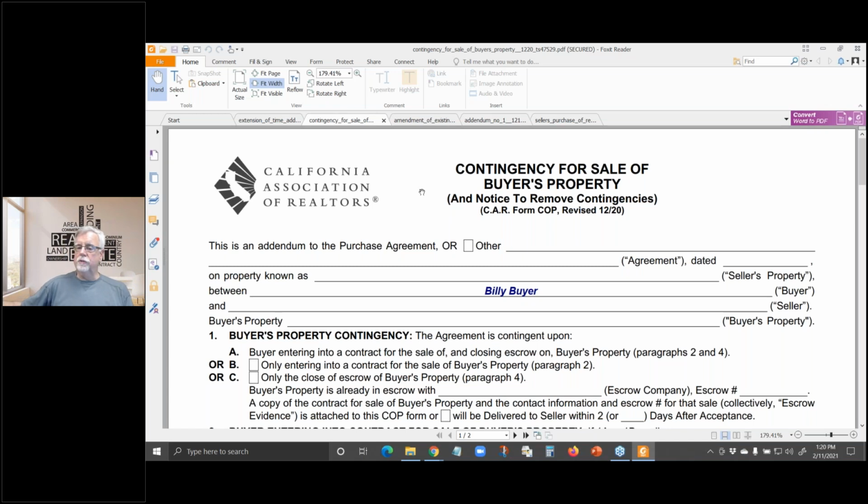And at that time, look in Santa Rosa, keep looking in Santa Rosa. When all the contingencies are removed, we then took the closing statement from the one in Santa Clara that, by the way, would show that there was going to be enough cash to pay cash on the one in Santa Rosa. And now in Santa Rosa, we're making an all cash offer without this buyer sale contingency.